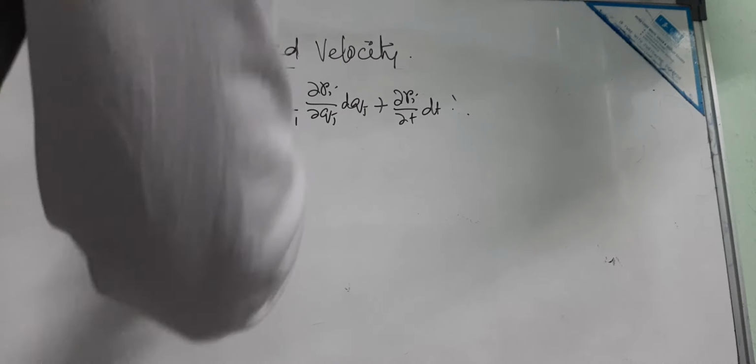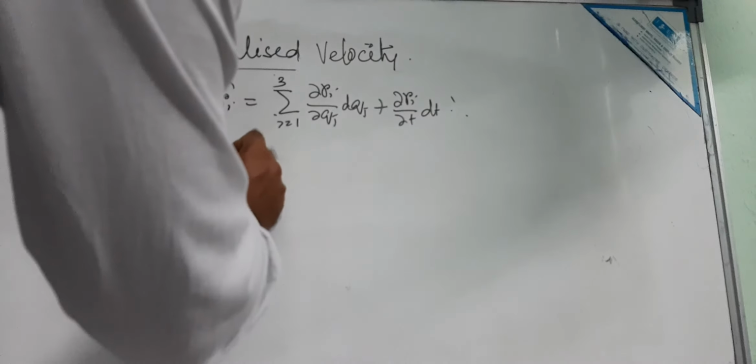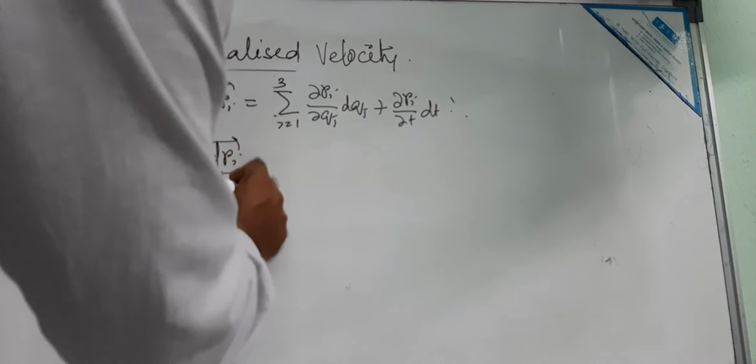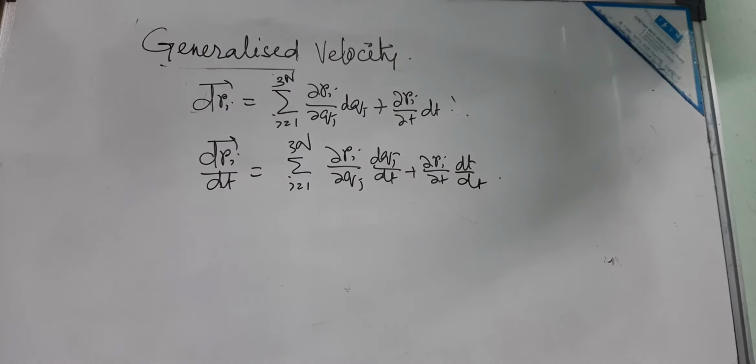So dri by dt equals the summation over j from 1 to 3n of del ri by del qj into dqj by dt, plus del ri by del t. This is all vector.